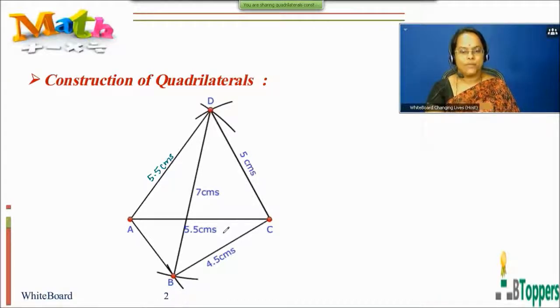Now, many children I have seen are interested to do the construction part, but the moment it comes to writing the construction steps, they are not at all interested. Children, writing the construction steps is very, very important. The written part of the construction after doing the construction is very, very important, and it is very simple.